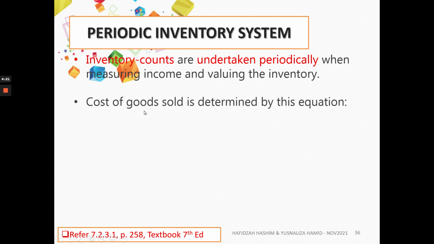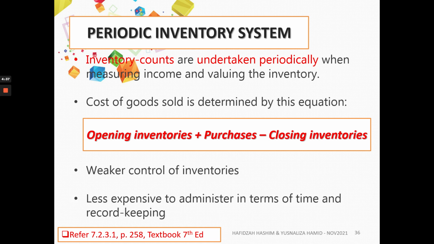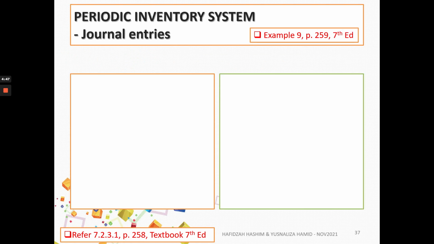Cost of goods sold is determined by this equation, which might be familiar to you: opening inventories plus purchases minus closing inventories gives the cost of goods sold, or the cost of sale. The impact is weaker control of inventories. However, it is less expensive compared to the perpetual inventory system.